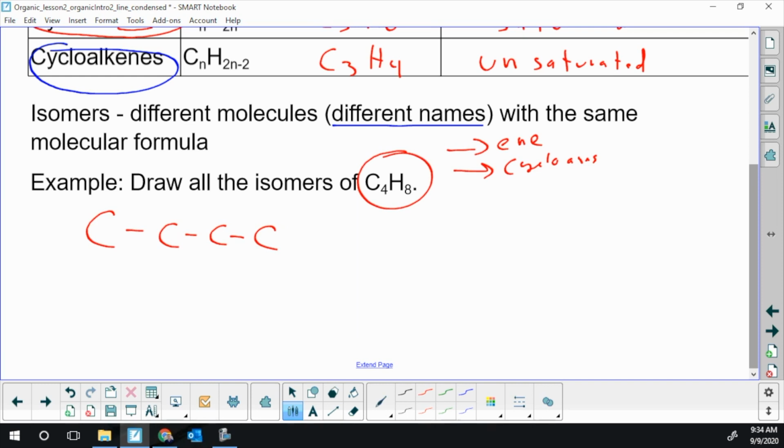To C4, I know I have to do an ene, so I'll put the double bond in the very first position. And then I'll put in my H's, and there better be 8. There has to be 8 or I've messed up. Now I'm counting to 4 around every carbon.